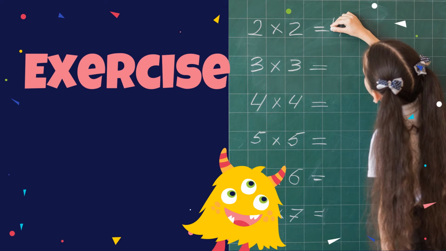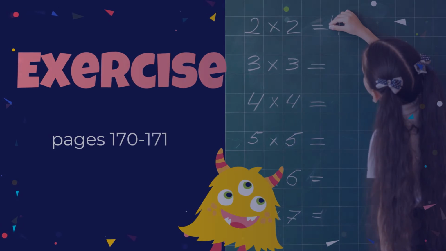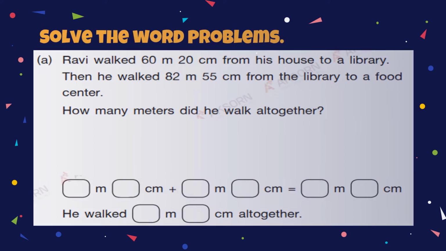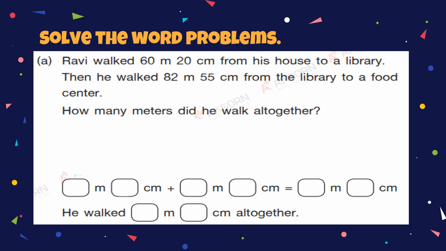Answer your exercise from pages 170 to 171. Open your book on 170. For letter A, Ravi walked 60 meters and 20 centimeters from his house to a library.